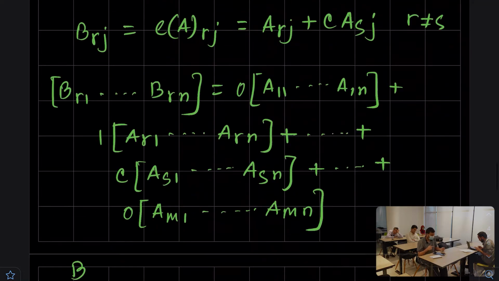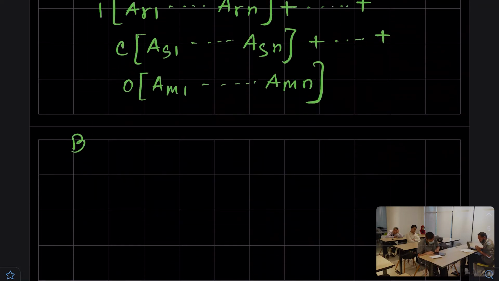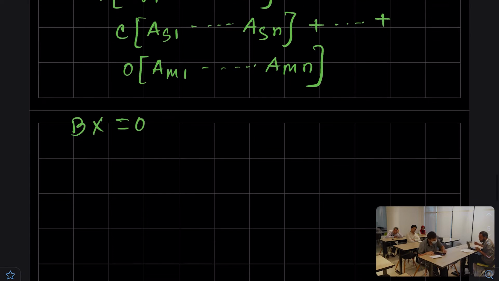Now, Bx equal to 0. Each equation of B is actually a linear combination of the equations of Ax equal to 0, right? Is that clear?